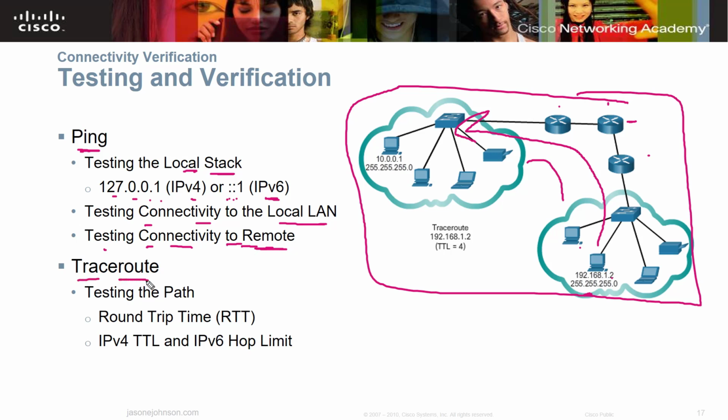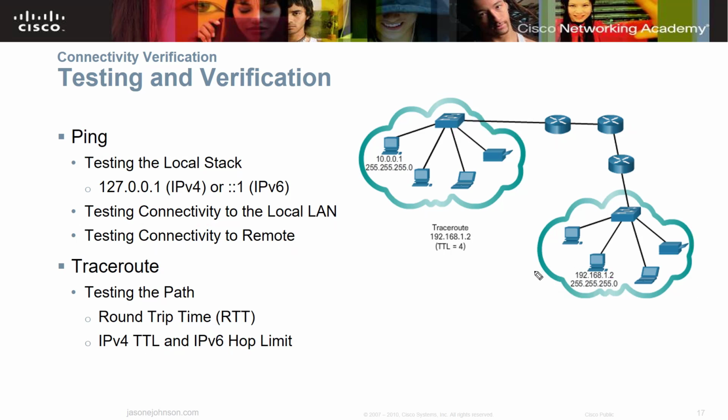You can also do traceroute, which tests your path. You're going to be using traceroute in this course. Traceroute allows you to see how many hops it takes to get there and your round trip time, and it also shows your time to live in v4 and your hop limit in v6. So I'm going to do a traceroute from here over to here.